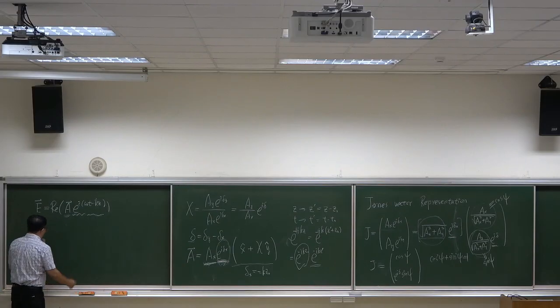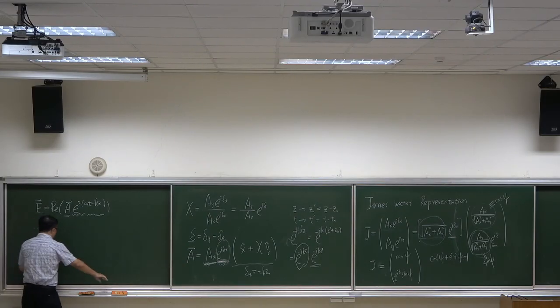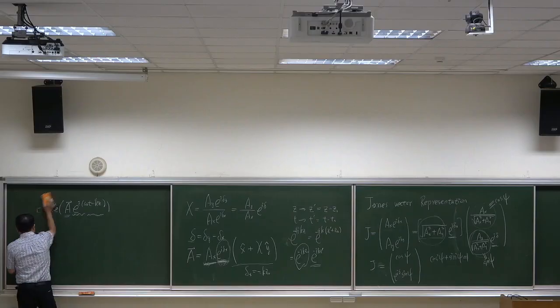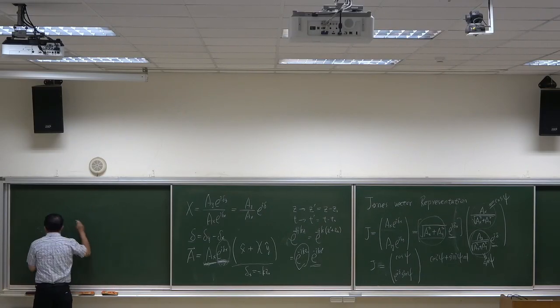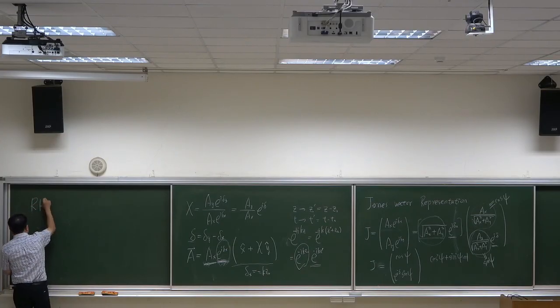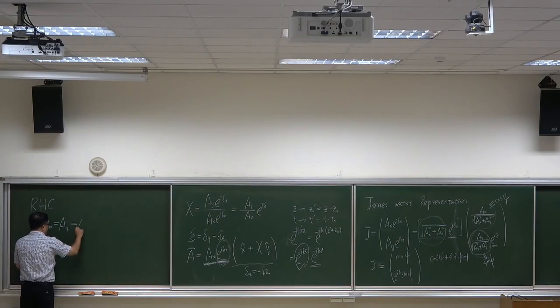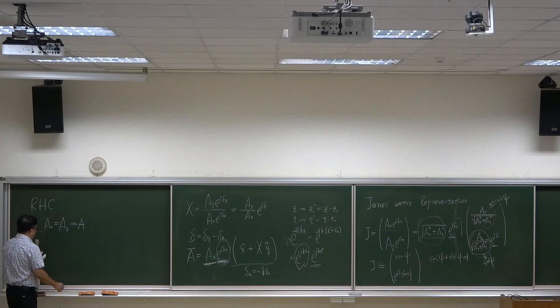We have already learned one specific example, say the right-hand circularly polarized light. Right-hand circularly polarized light can be described by A_x equal to A_y, and if I denote it as A, and delta is equal to minus half pi.